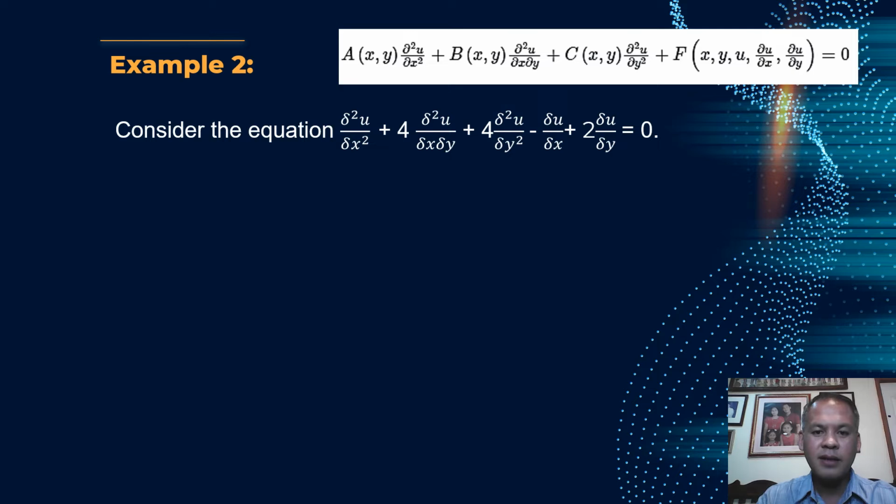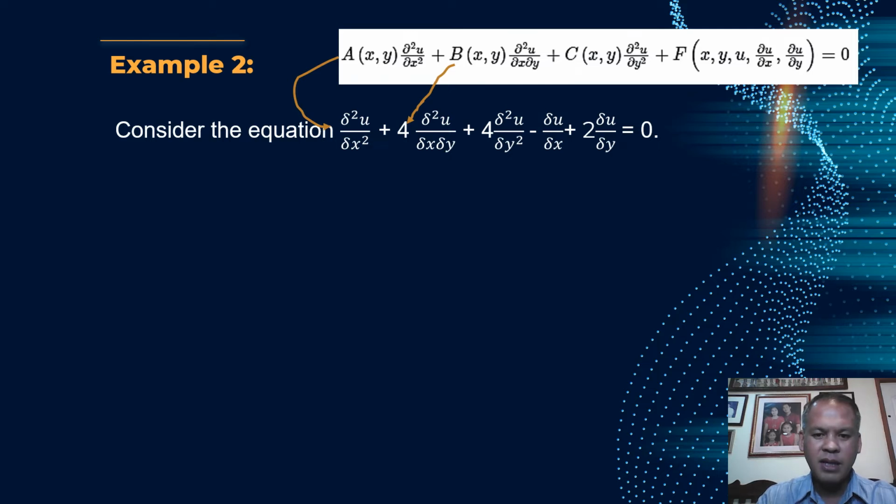So again, if you are going to check for a, b, and c, we can see here that a is equal to 1, or the coefficient of del squared u over del x squared is 1.